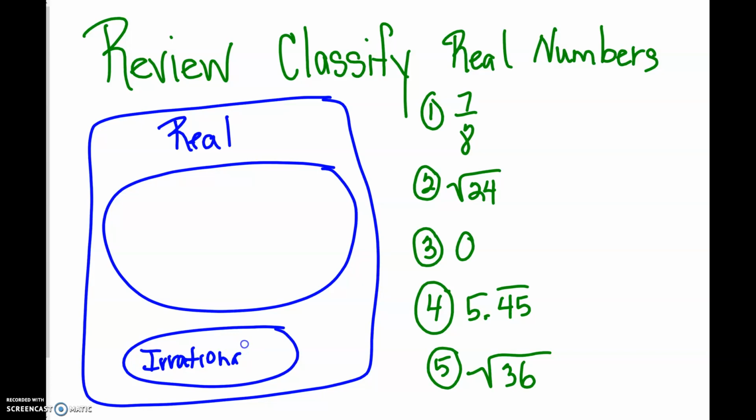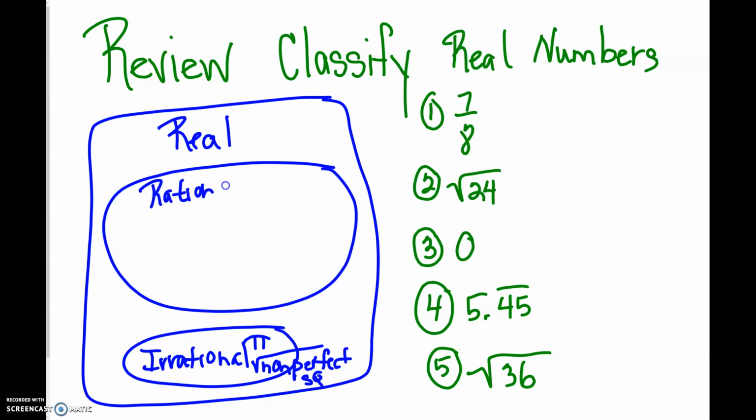And irrational numbers are basically two kinds: pi and the square root of a non-perfect square. So a non-perfect square would be something like the square root of 24, the square root of 88, square root of 19. And the other subgroup is rational numbers.